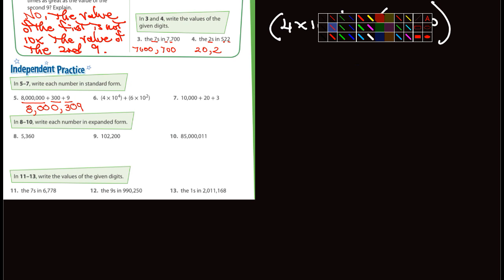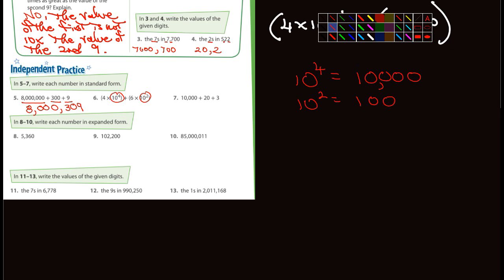Ooh, well, you got to write number 6 in standard form. So what is 10 to the 4th power? What's that equal? Well, add a 1 and then 4 zeros. That's 10,000. What's 10 to the 2nd power? That's going to be 1 followed by 2 zeros.